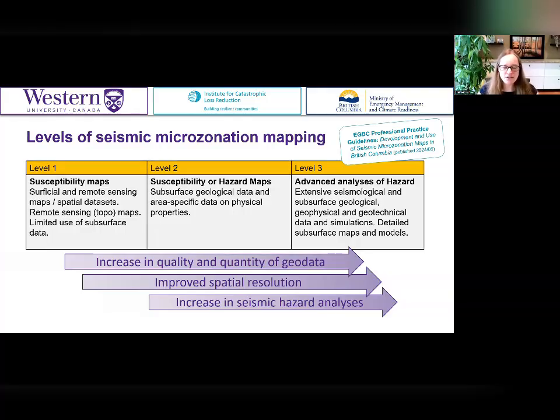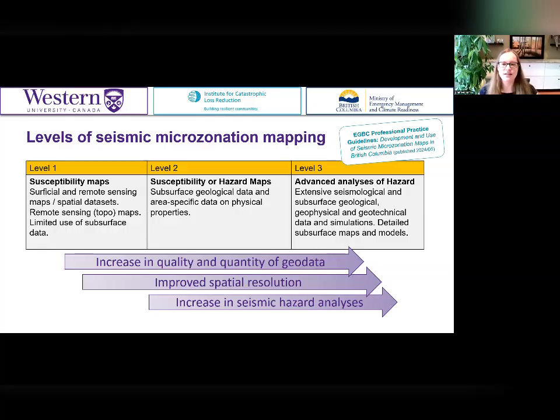And you can also push the sophistication of the analyses that's being accomplished. Somewhere between level 2 and 3, the shaking intensity has to be part of the analysis. Level 1 and level 2 maps might not even care about how strong the shaking was. It's just trying to say how susceptible the ground is to shaking amplification or liquefaction. But by level 3, it's conveying how much liquefaction or how much amplification might happen because of the level of shaking.